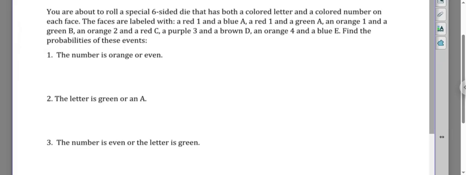So the number is orange or even. So then the question is, do I have even numbers that are orange? Yes, I do. So first thing I need to do is the probability of an orange is 1, 2, 3 out of 6.